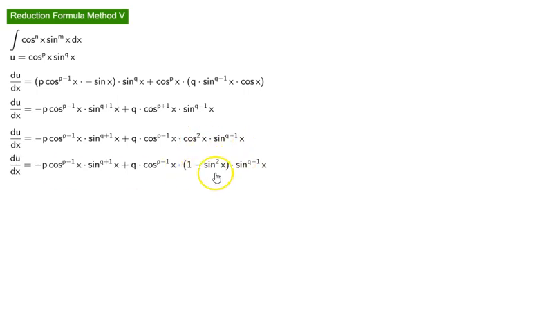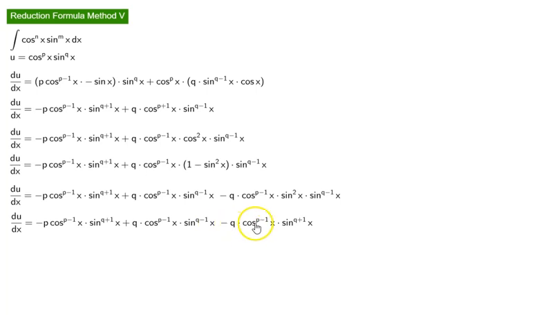This cos square x we convert into 1 minus sin square x, and then we distribute. We get q times cos to the power of p minus 1 x times sin to the power of q minus 1 x, minus cos to the power of p minus 1 x times q times sin square x times sin to the power of q minus 1 x.